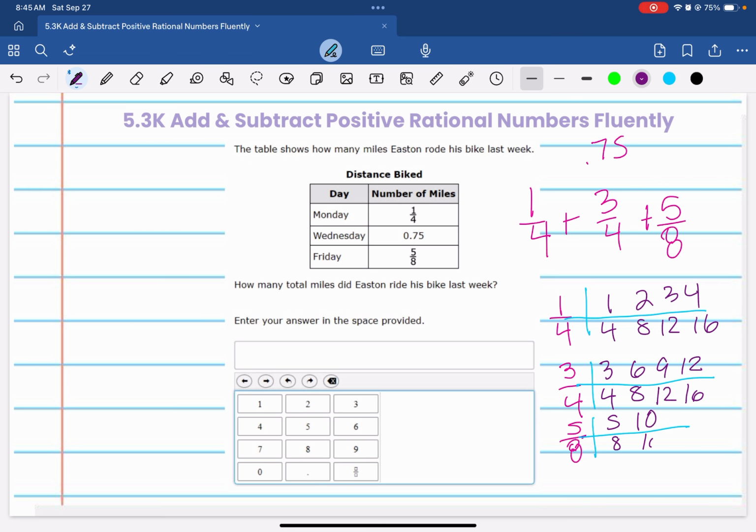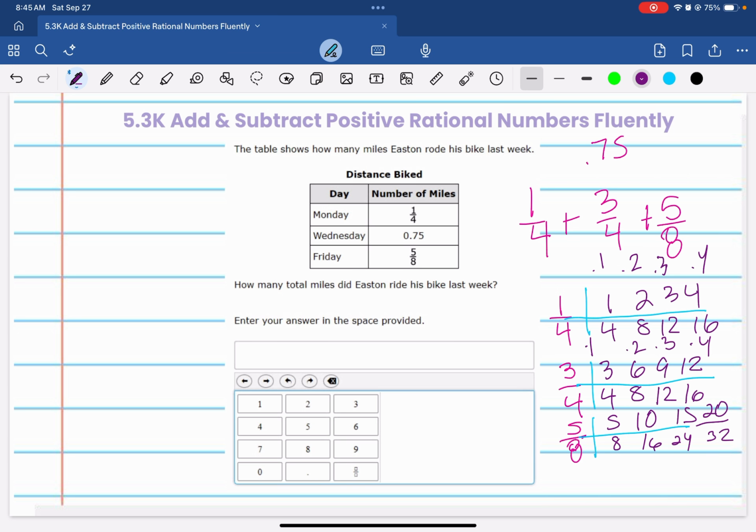So just bear with me. All right, so here I times them both by 1, and then I times them by 2, times by 3, times by 4. That's all I did. We skip counted.